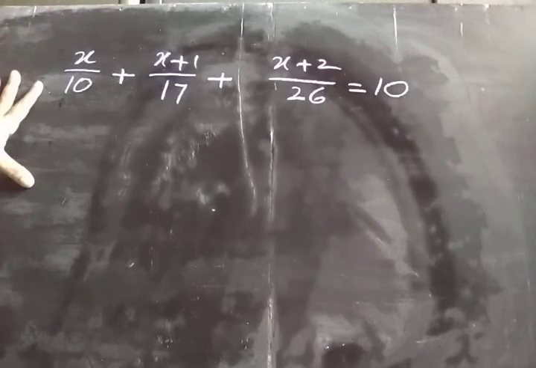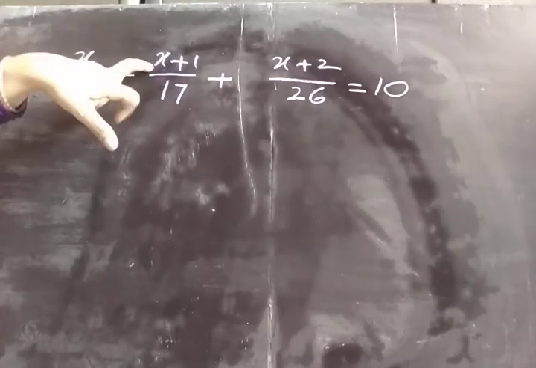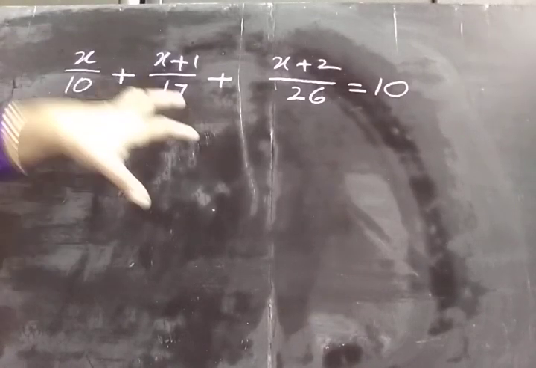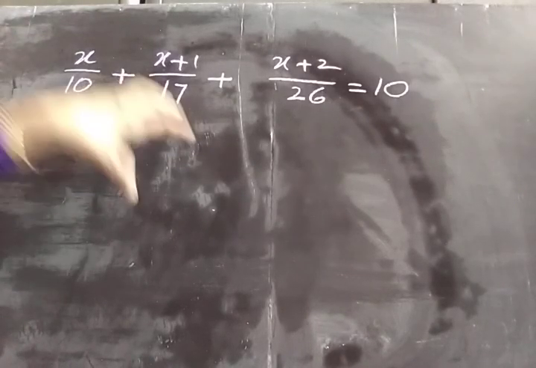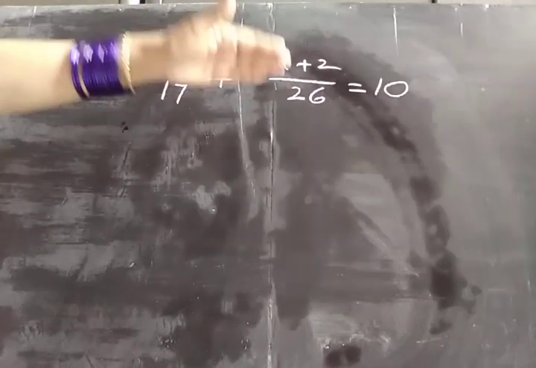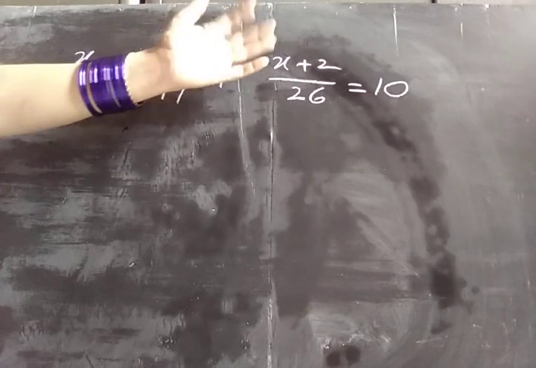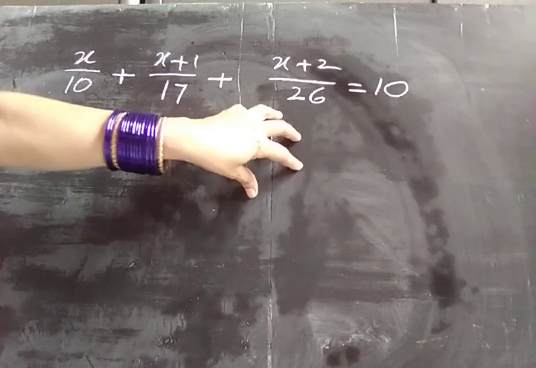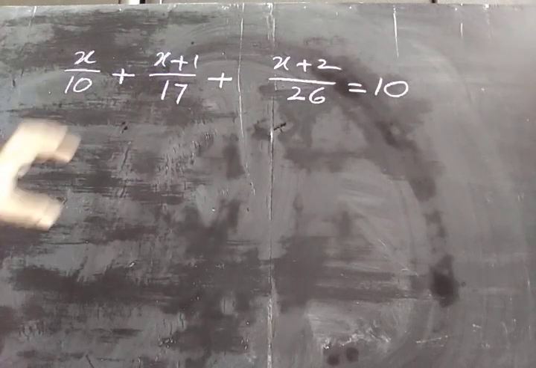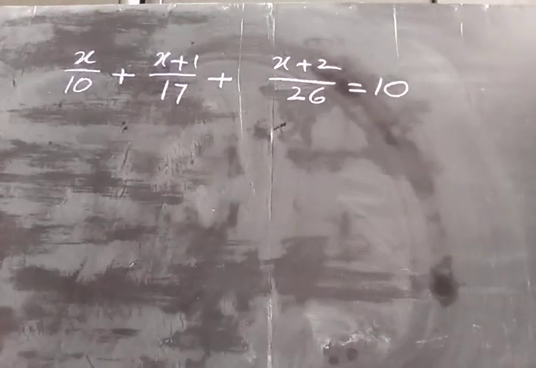That result plus the second number x plus 1 when divided by 17, what result will we get? That result plus the third number x plus 2 when divided by 26, what is the result we will get? So, all the three results total is 10. Okay, that is the condition.